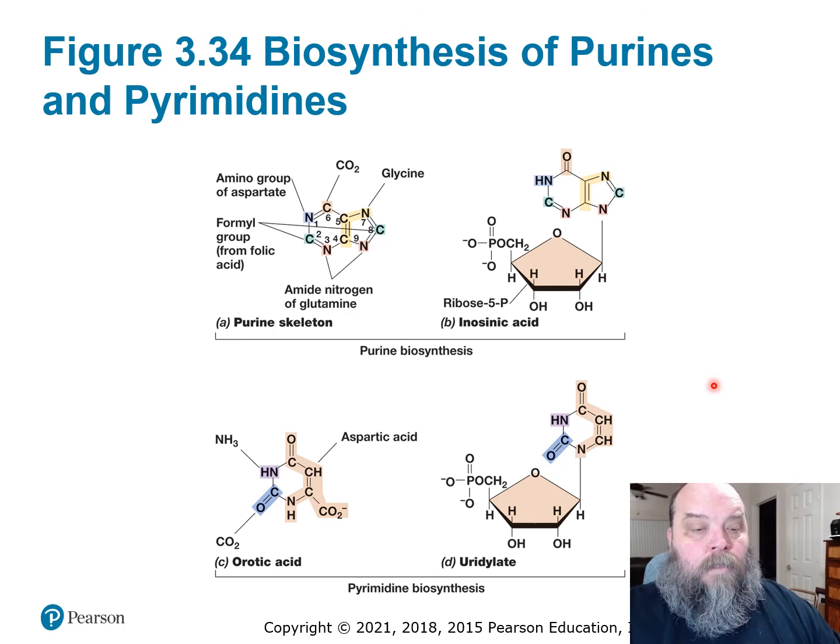You know, the nitrogens are going to have different sources: the amino group of aspartate, the formyl group of folic acid, the nitrogen from glycine, carbon dioxide, nitrogens from glutamine. There you go.